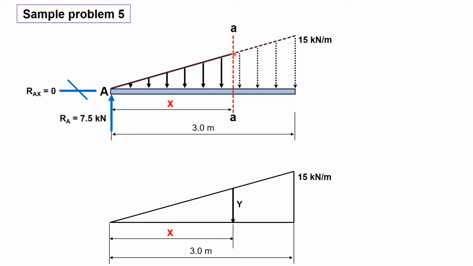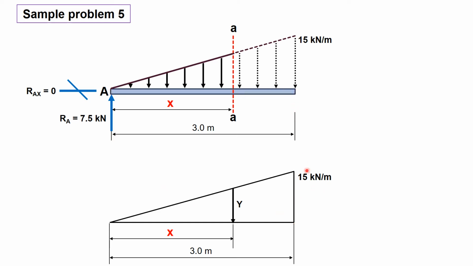So dito sa tapat na ito ng imaginary cutting plane, ito yung hahanapan natin ng ordinate, and I used symbol Y for that ordinate. And from this ordinate, it has a distance x hanggang dun sa A, and then of course, para dito sa ordinate na 15, hanggang doon, ang distance ay 3 meters.